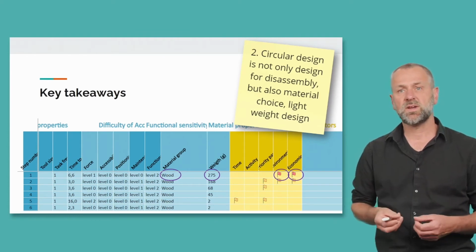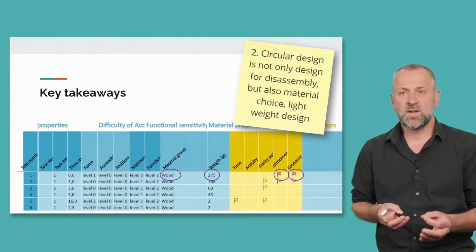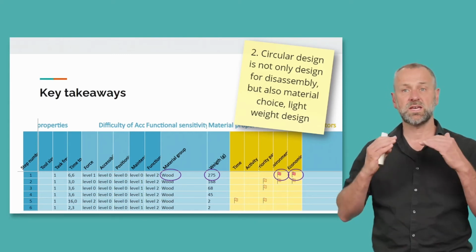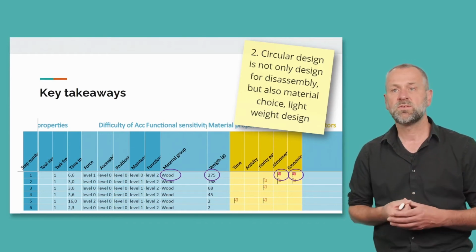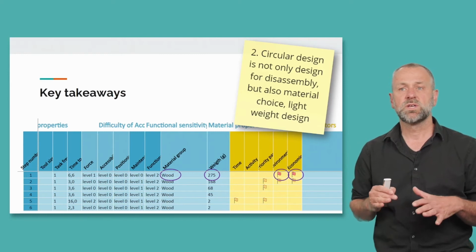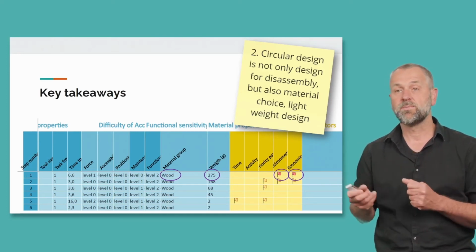One of Tom's key takeaways was that bringing down the material weight would add value to the circularity. Hotspot mapping shows the materials with the highest values and the highest embodied environmental impact. And by bringing down the weight of these components, this hotspot will only shift to another part with higher weight.